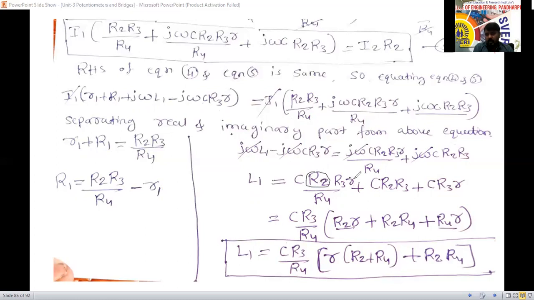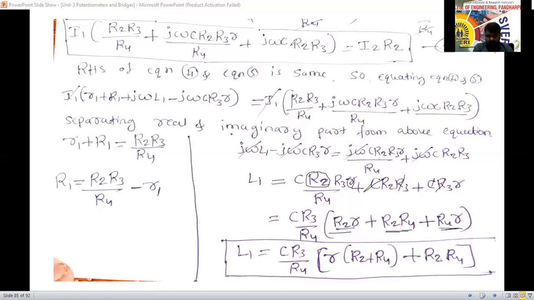R2 into R. Next, taking C and R3 outside, what is left? R2, and since we took 1 by R4 out, we multiply by R4 again: R2 into R4. Next here also C and R3 taken outside, R into R4 is the left term. So C R3 divided by R4, R2 R, R2 R4, R4 R here now.